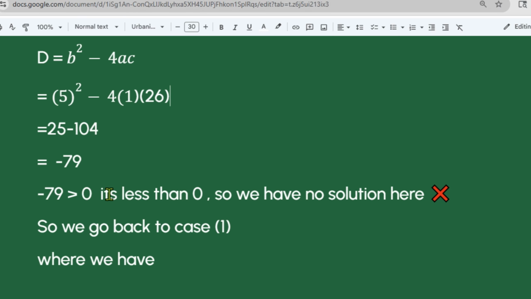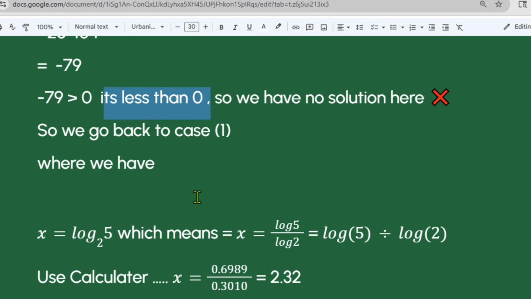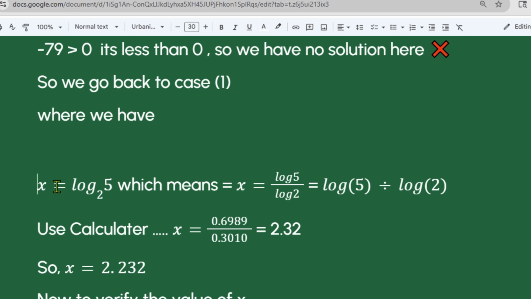We shall return to solution 1. x equals log 5 base 2, which means x equals log 5 divided by log 2.